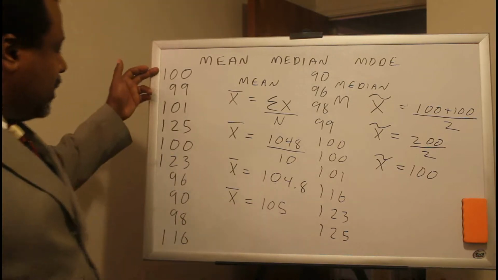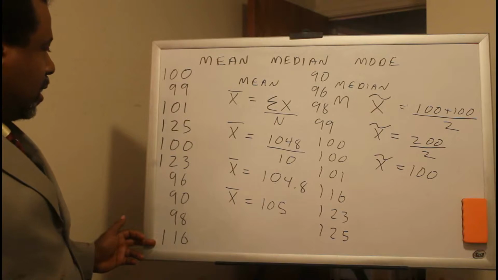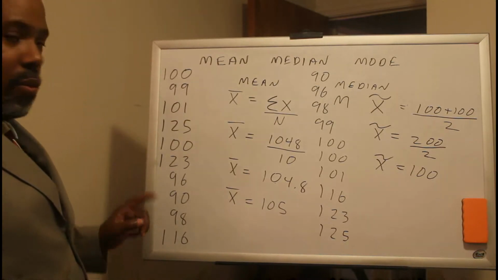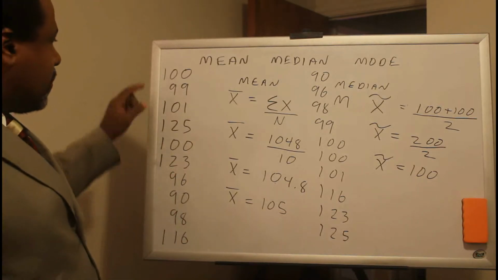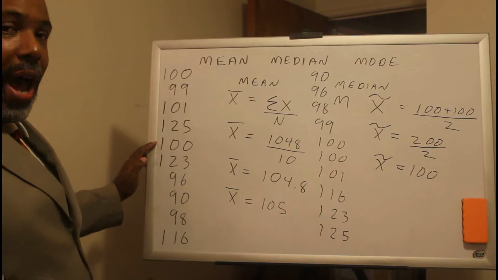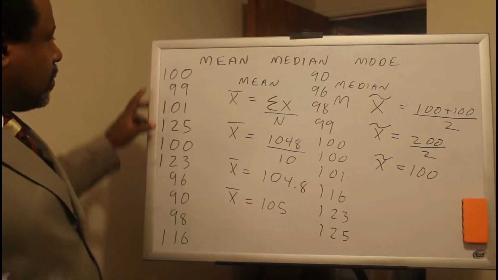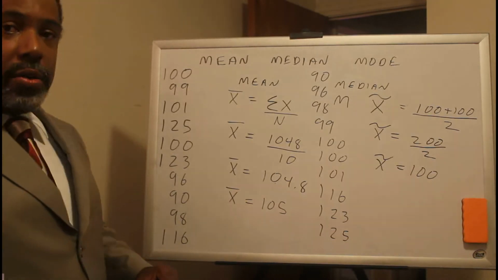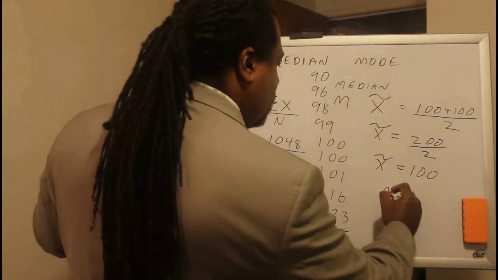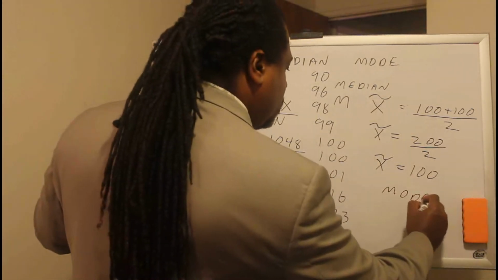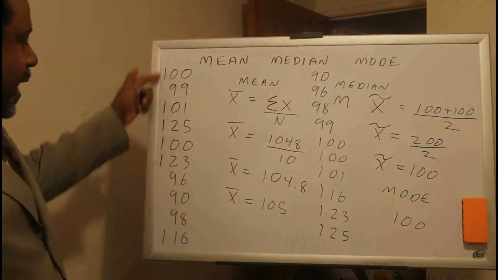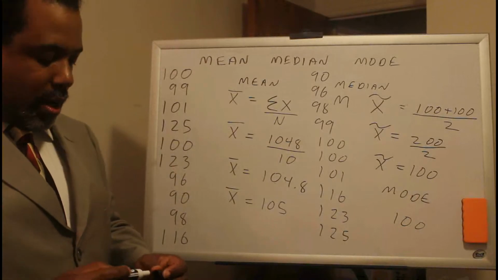So if we take a look at the data set, we see that all the members appear once, with one exception, the number 100. It appears twice. Since 100 is the most frequently appearing member, our mode for this data set is 100.